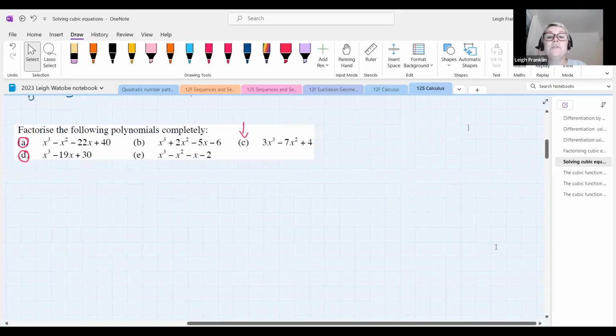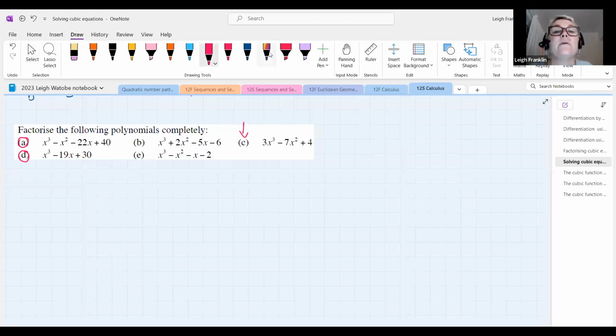Okay, so let's do C together. Tsegofatso, can I do inspection? Okay, so 3x cubed minus 7x plus 4.